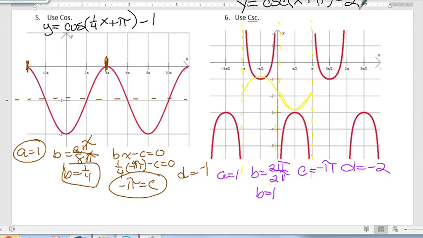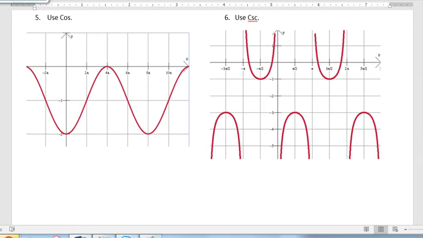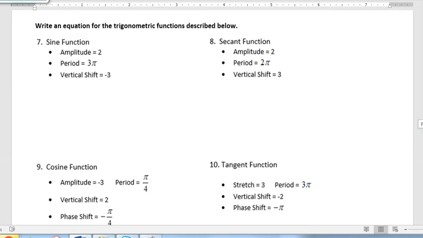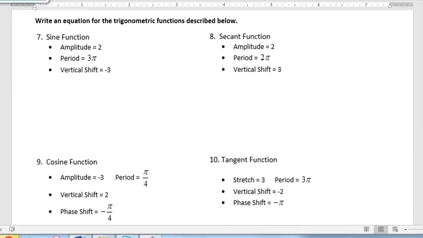Sometimes, as we move on to examples 7 through 10, you may not be given a graph, but just the various information that you need. It tells me that the amplitude is 2, and I want to write a sine function. So y is going to equal 2 sine. It tells me I have a period of 3 pi.